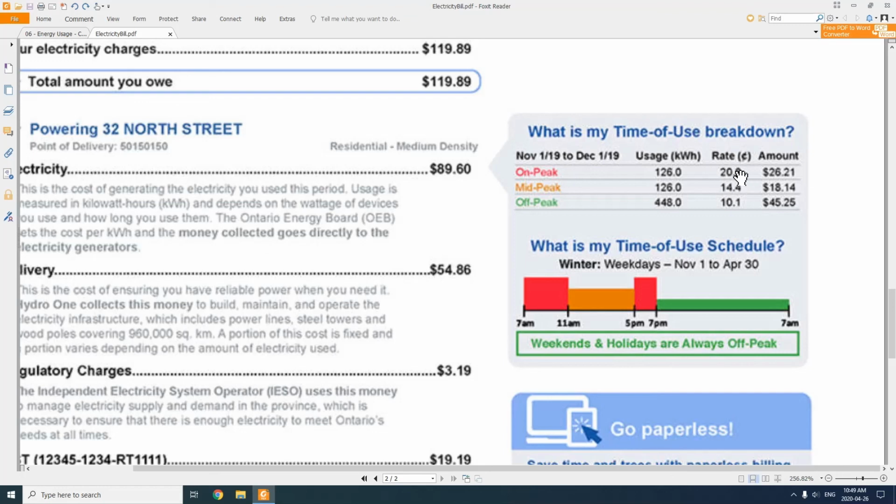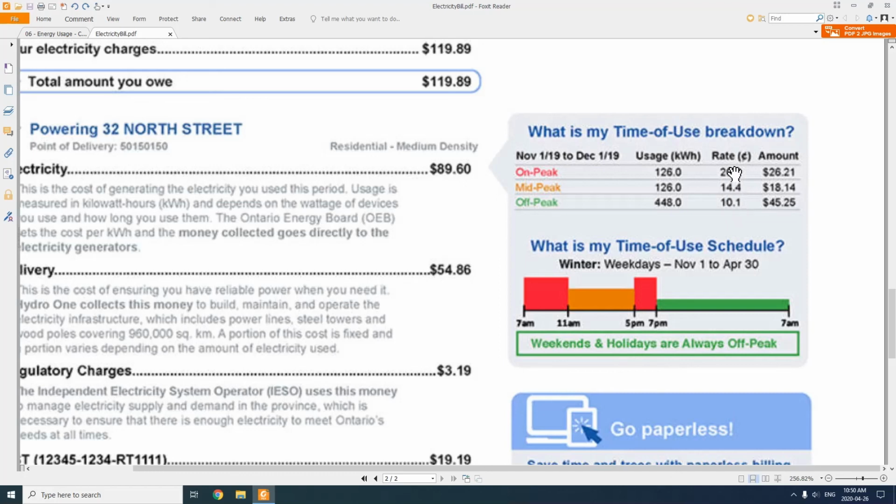So that's the more expensive rate. In the middle of the day, from 11 a.m. to 5 p.m., they are charging about 14 cents per kilowatt hour, so a bit cheaper. And then at nighttime, from 7 p.m. all the way through the night to 7 a.m., they're charging about 10 cents per kilowatt hour.